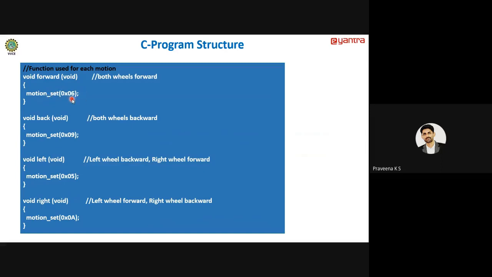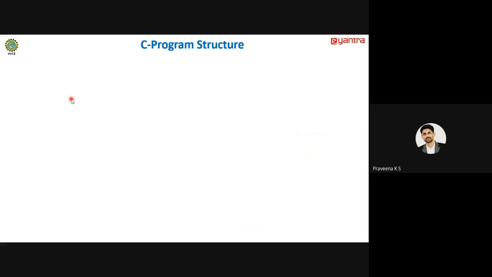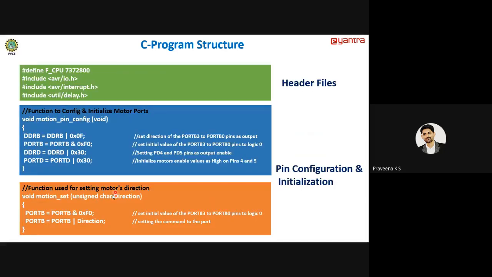If I write 06 in the motion set function, 06 will be stored in direction. So direction will store 06. It will execute this PORTB, that means it will reset the port B pins first. Then it will put the 06 into port B. So port B will become 06.